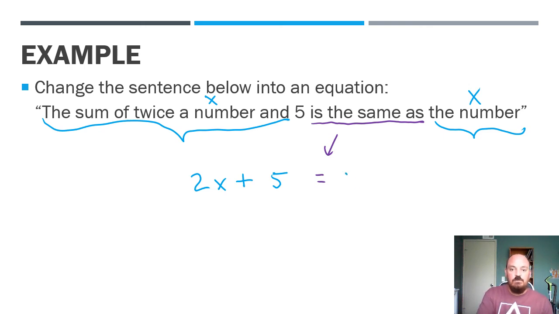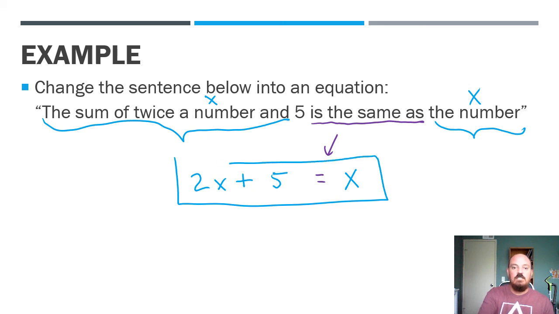So I'm just going to put an x over here. And actually that's our final answer. 2x plus 5 equals x. We're not solving the equation, we're just writing an equation. So, kind of like we did in Module 1, I rewrote words into, this time, an equation because I had an equal sign in it.